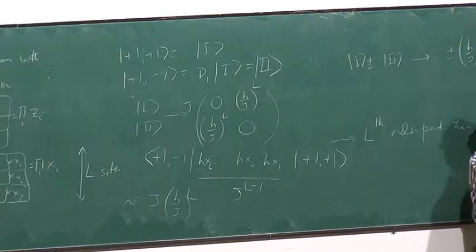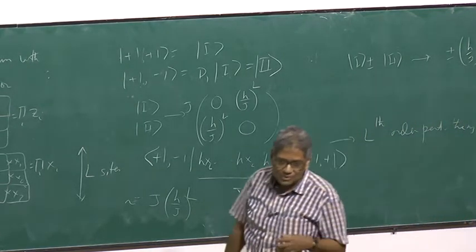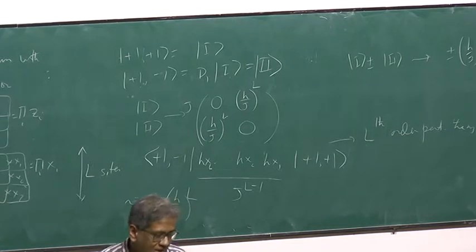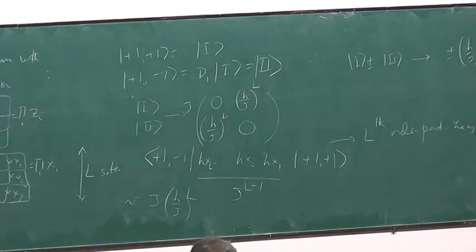So there is a splitting, but the splitting goes to 0 exponentially if h by j is less than 1 and L goes to infinity.